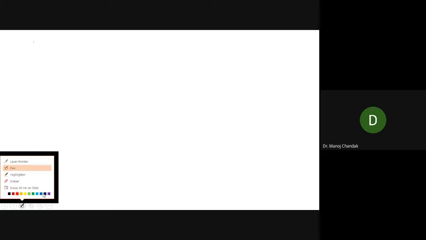So given a grammar, let me change this now. Now let us try to understand the significance of the concept of first and follow. Please understand it carefully because it will be there in all the parsers. All the parsers may use the first and follow information.